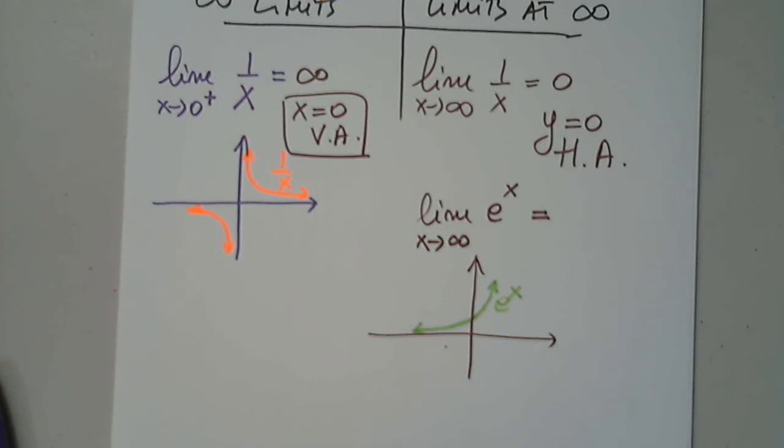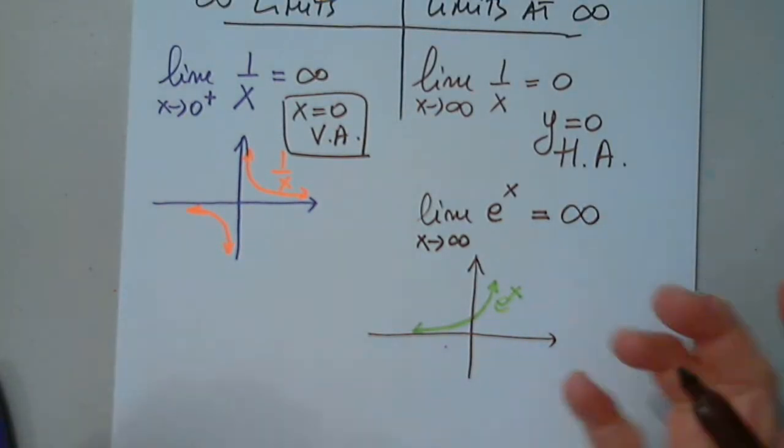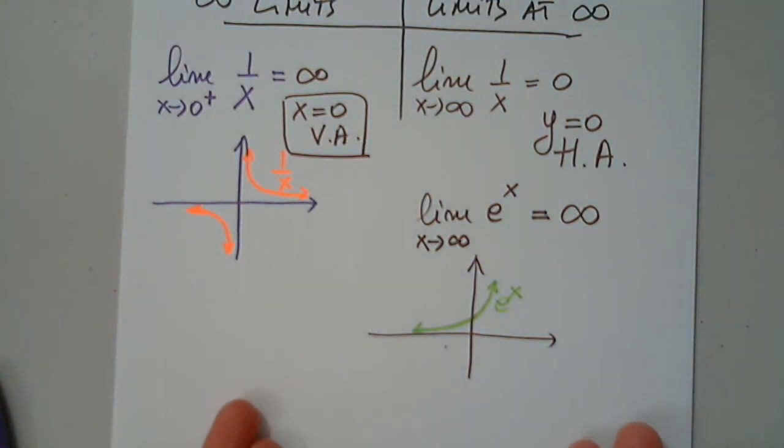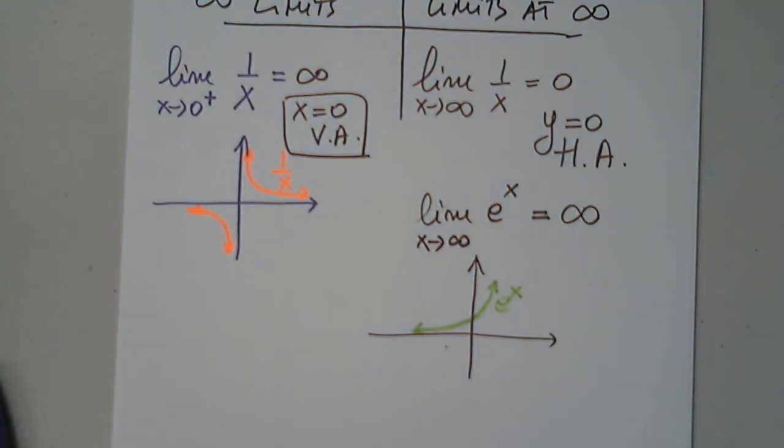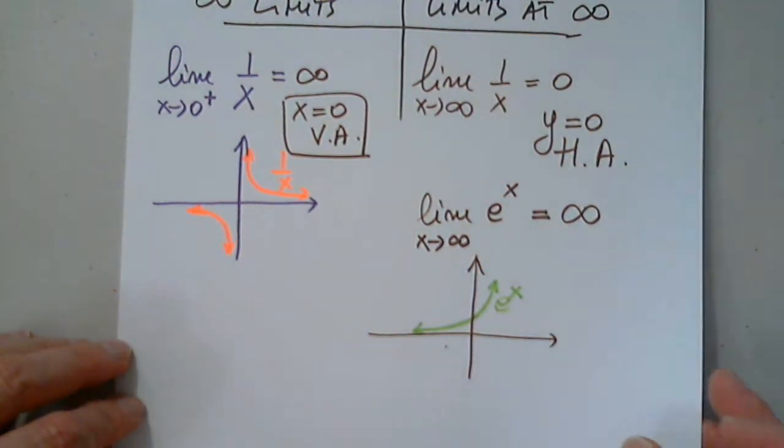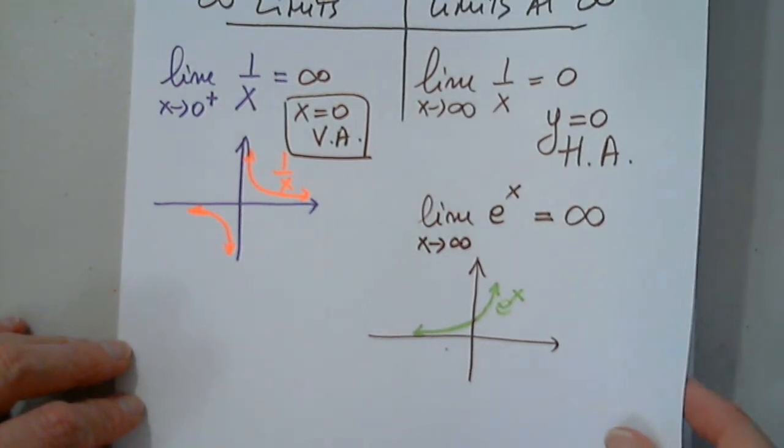Okay, what is the answer? Infinity? Yes. But this function doesn't have a vertical asymptote. This one does. This one does not, right? And also, it's a different story. We have the limit as x approaches infinity. I would like to refresh your memory on another very important function.